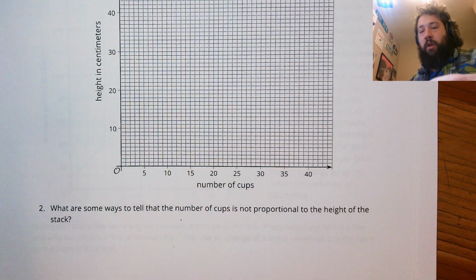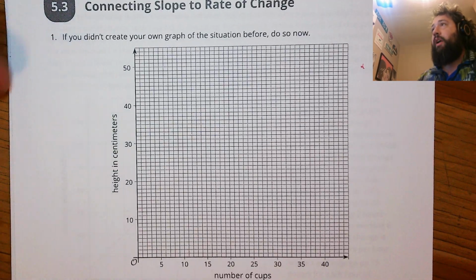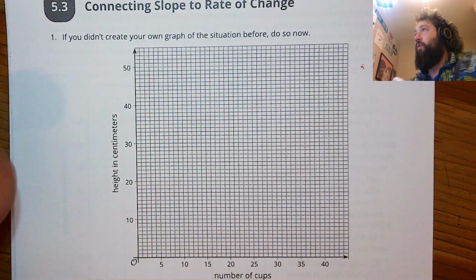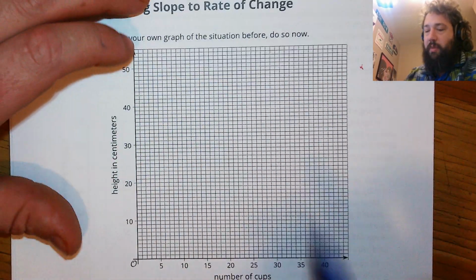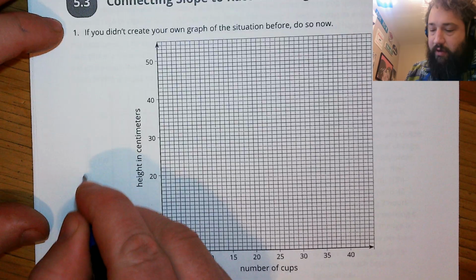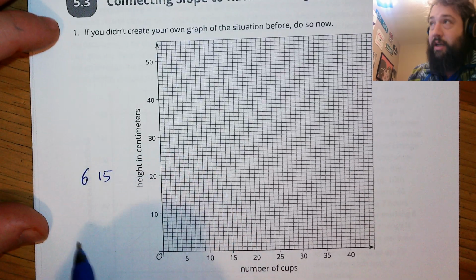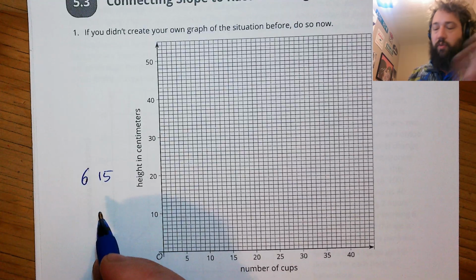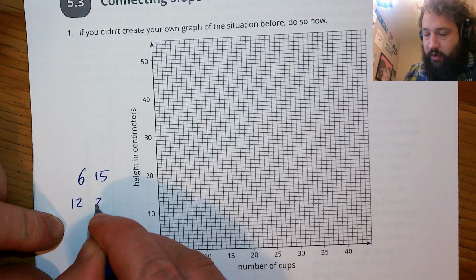All right, on our second page here. If you didn't create your own graph of the situation before, let's do so now. Let's remind ourselves we had an X and Y pairing. So I believe I had a 6 and a 15, and I had a 12 and a 23.